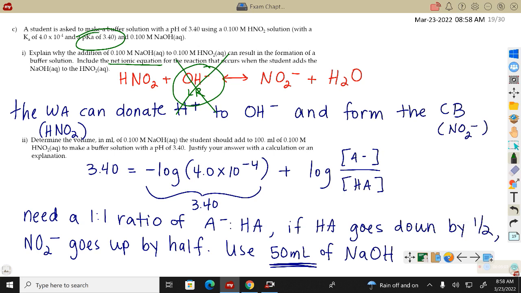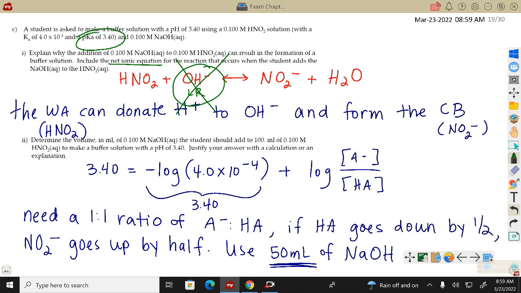We've got 100 milliliters of that 0.1 molar HNO2. I want equal amounts of HNO2 and nitrite, which, from titration talk, you might remember is like the halfway point of a titration.